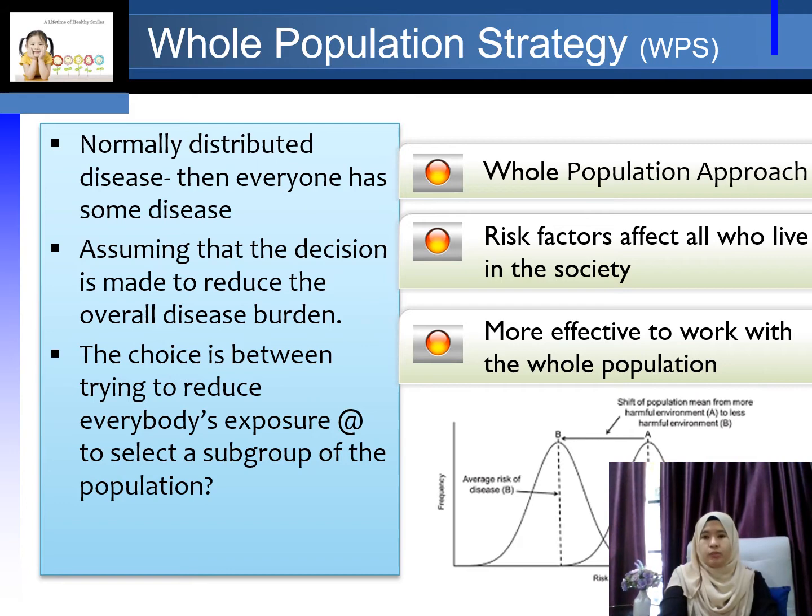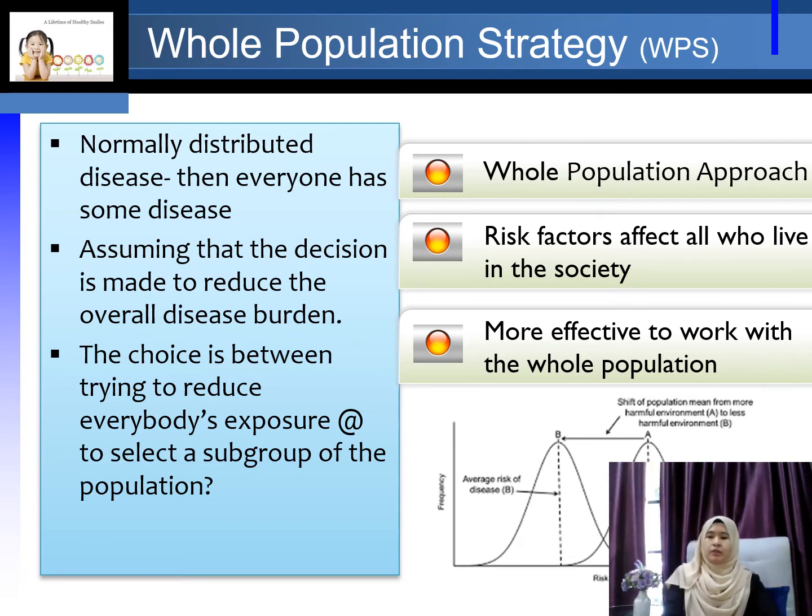For whole population strategies, we usually target normally distributed disease. If you look at the graph below, this is what I mean by normally distributed disease, a bell curve graph.